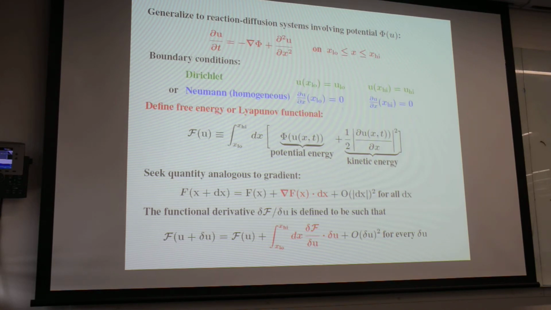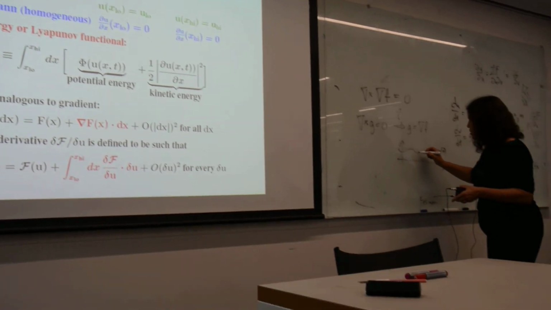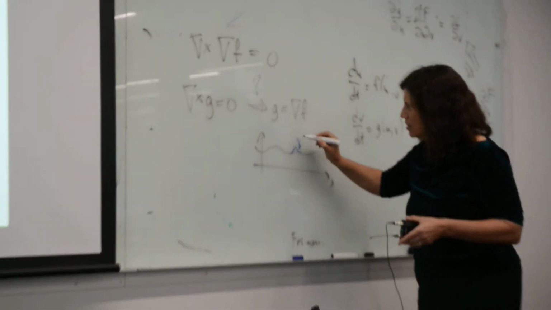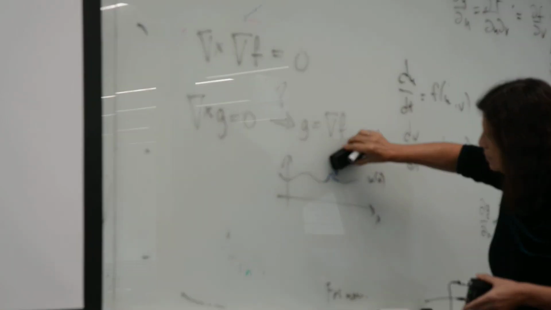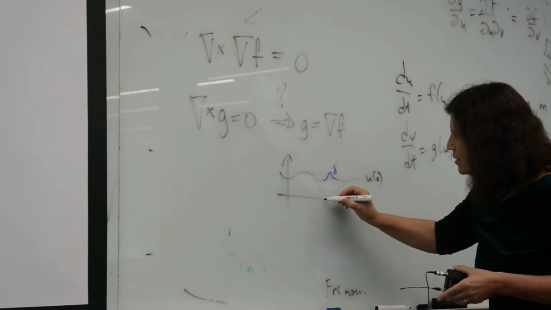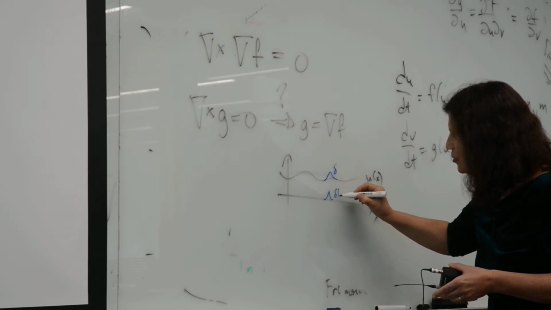So a delta u, typically, here you have x, here you have some function, u of x, and then supposing you do something to it, you put in a little bump like that. That is a delta. You added a little thing like this. This is a delta u.